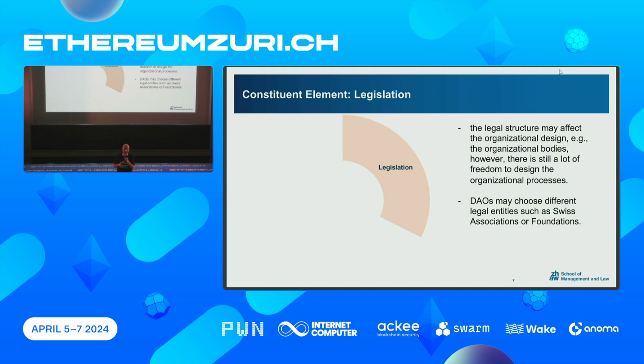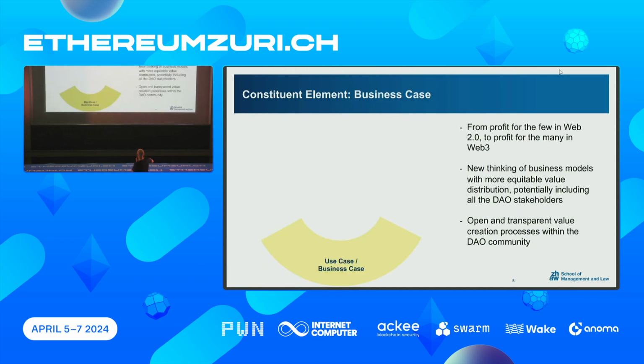And the legal entity has a lot of influence, especially on the organizational body structures. Then we also, in Switzerland, have many legal entities which are interesting to choose from, which is the Swiss Association and the Foundation. The last aspect of the constituent elements is the business and the use case.